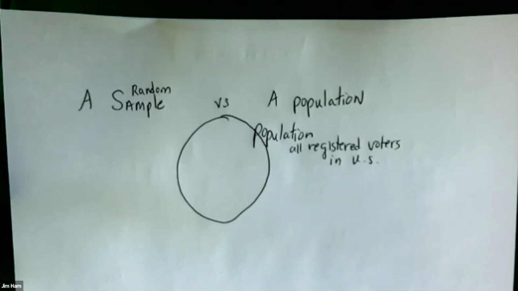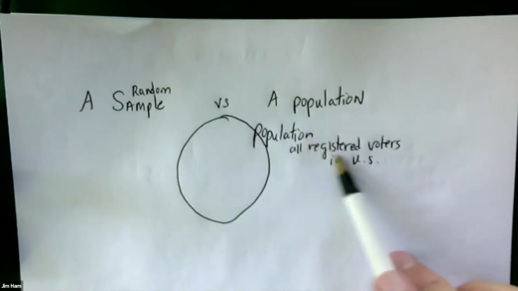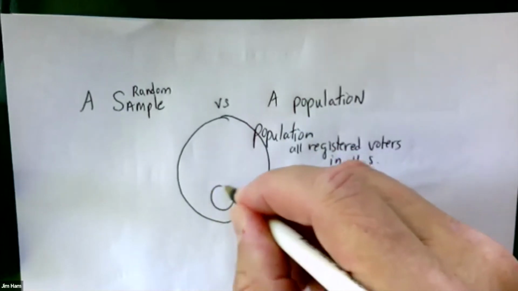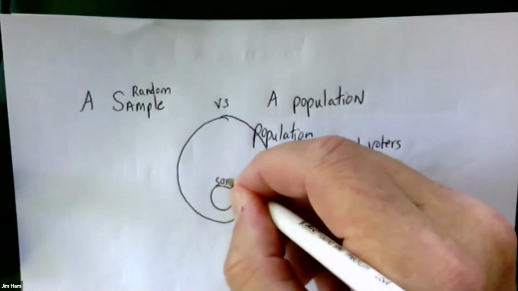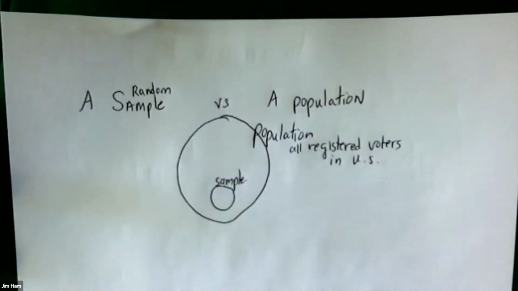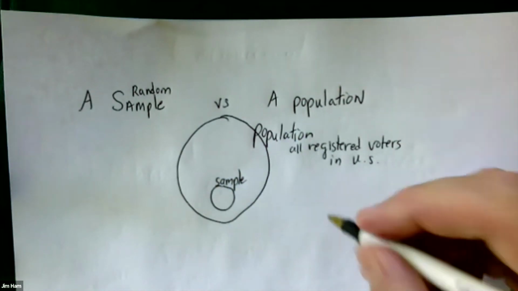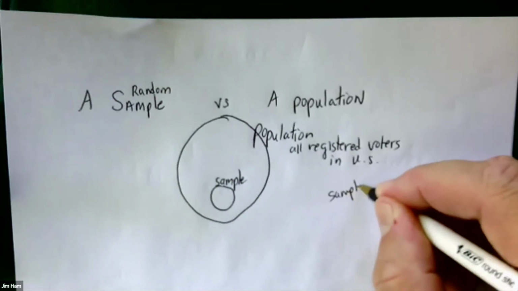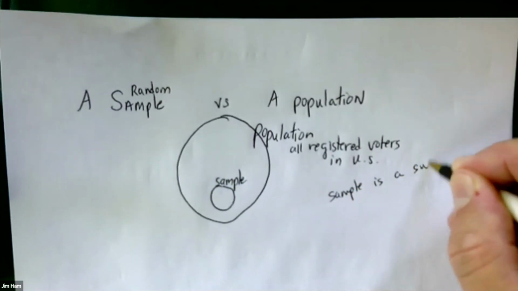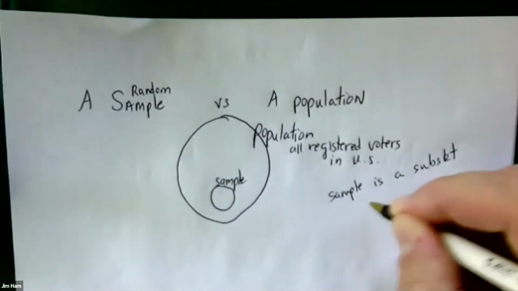So we're interested in what the whole population thinks because that'll determine the outcome of the election. But to predict this in polling, what we do is we take a subset. And the subset is the sample. It comes from the population and it's randomly selected. So a sample is a subset of the population.